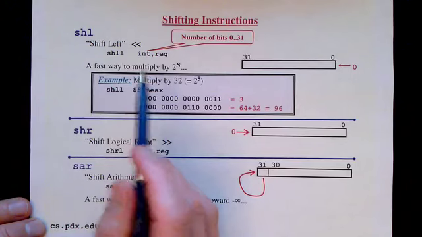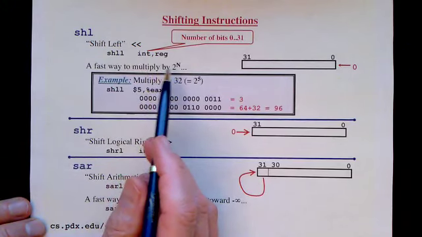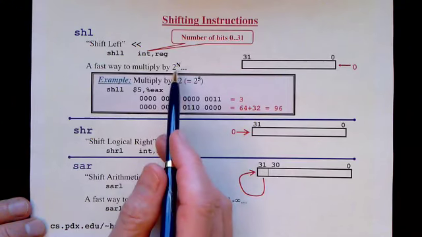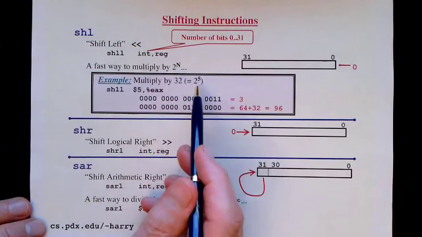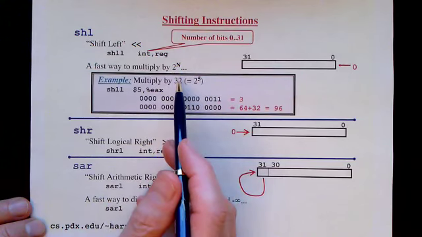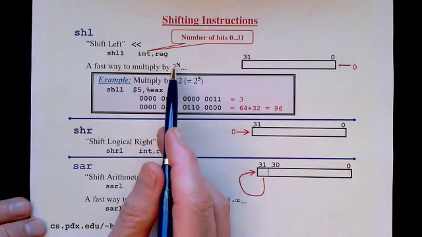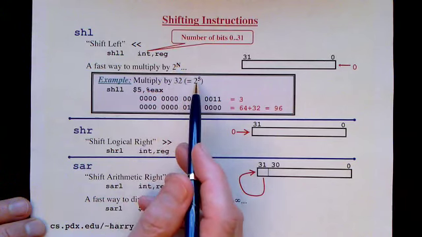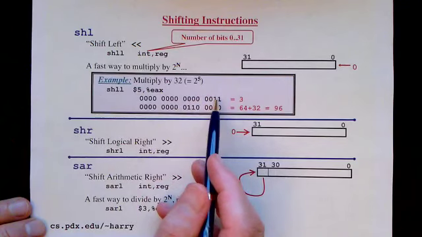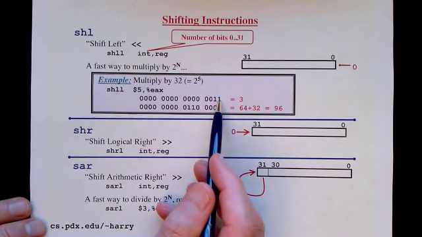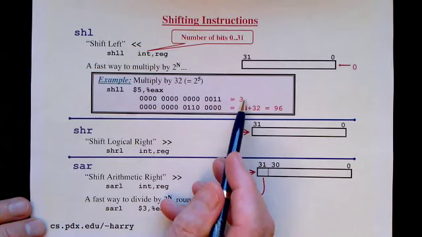Now we should also note that shifting to the left is a fast way to multiply by 2 to the n. Okay, if n is, for example, 5, 2 to the n is 32. So if we want to multiply by 32, we can just shift left 5-bit positions. And let's look at these bit patterns and see how this works. This bit pattern corresponds to the number 3.